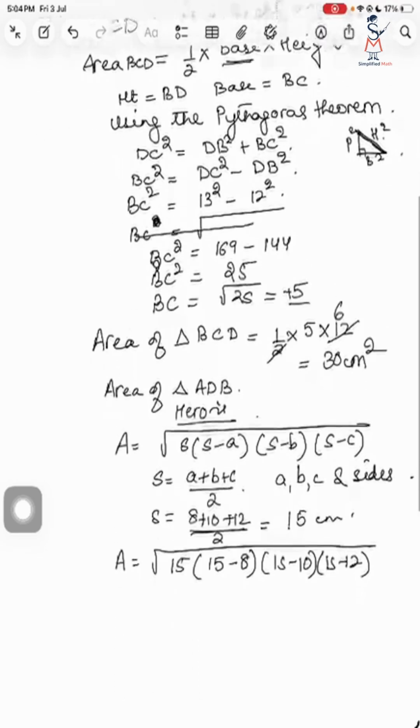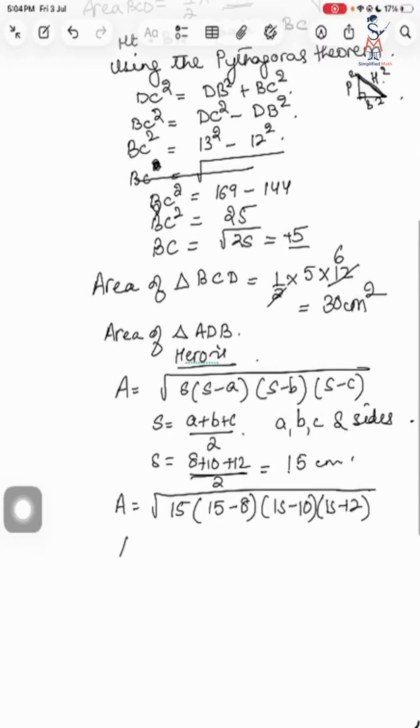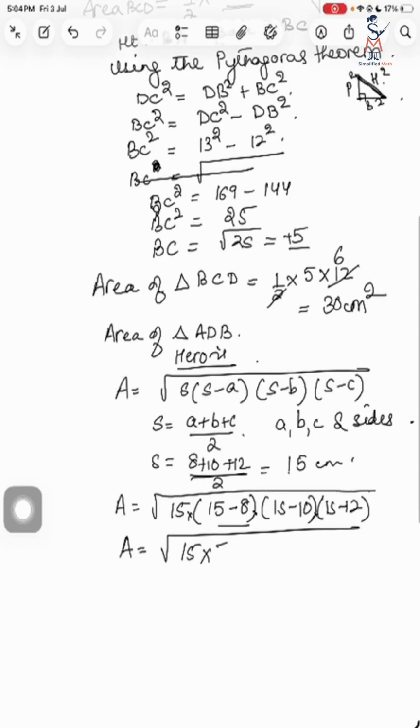So area will become root 15 into 15 minus 8 is 7, 15 minus 10 is 5, 15 minus 12 is 3, all multiplied.